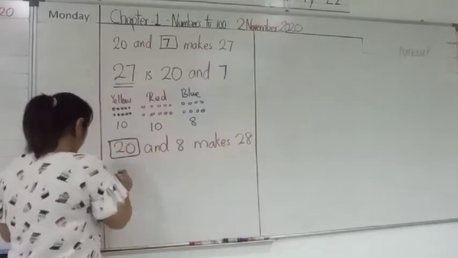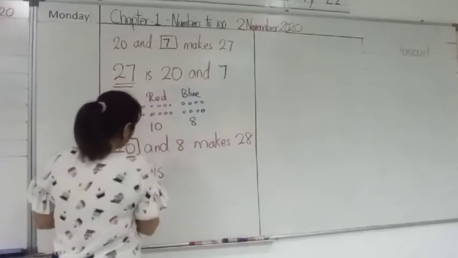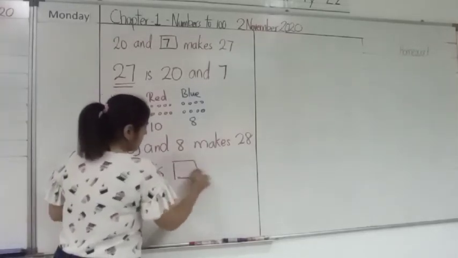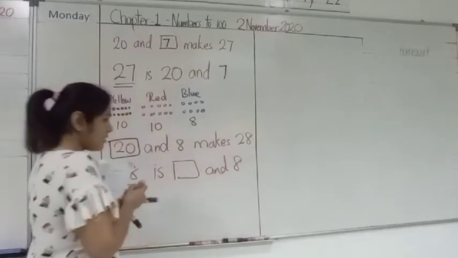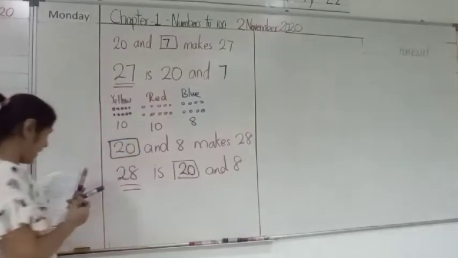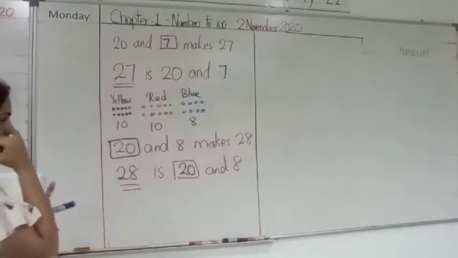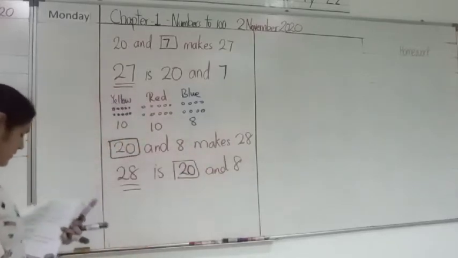So how is 28 made? Dash and 8. Which number? Correct. 20 and 8 makes 28. Here we are separating into tens and ones.